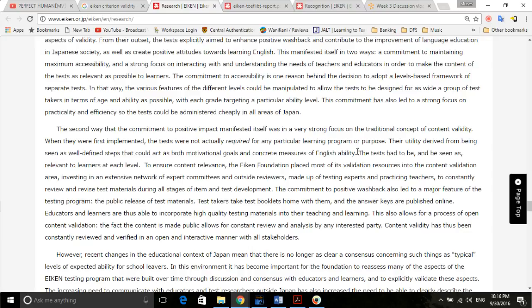They said that they put a lot of focus to ensure content relevance. So the Eiken Foundation placed most of its validation resources into the content validation area, investing in an extensive network of expert committees and outside reviewers made up of testing experts and practicing teachers to constantly review and revise test materials during all stages of item and test development.